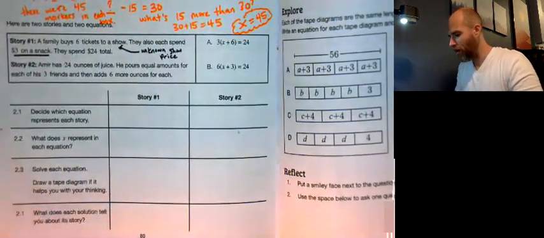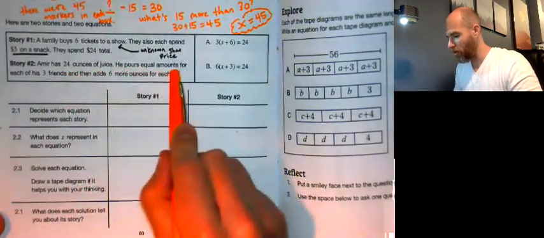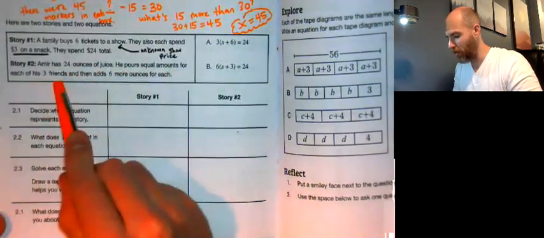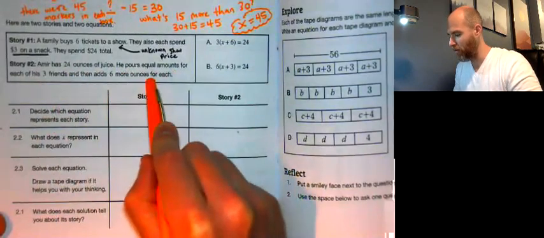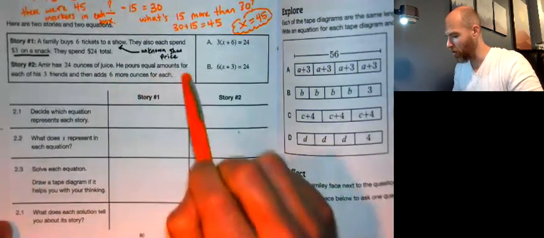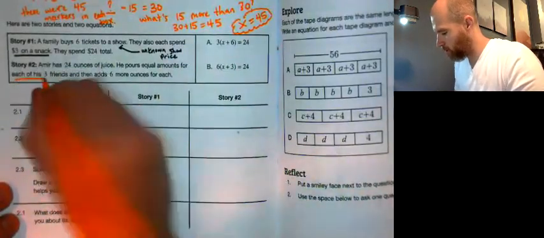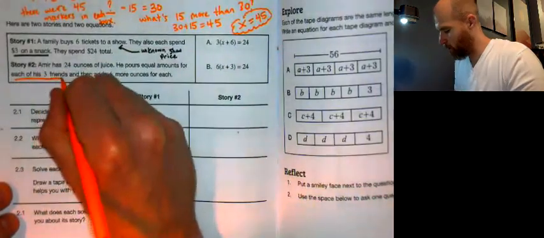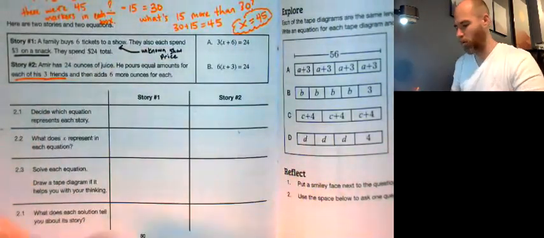All right, next, it says Amir has 24 ounces of juice. He pours equal amounts for each of his 3 friends and then adds 6 more ounces for each. Okay. He pours equal amounts for each of his 3 friends. Okay, so it doesn't tell us what that amount is that he poured though, right?